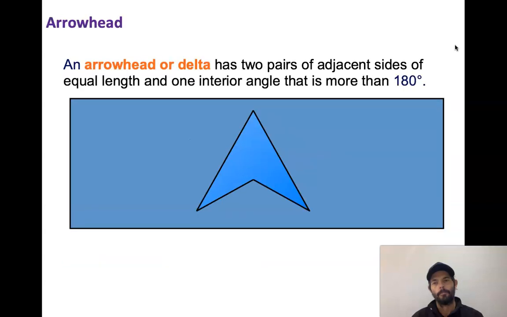And then an arrowhead, also called a delta, is also a quadrilateral. It's got four corners. It has two pairs of adjacent sides of equal length and one interior angle more than 180 degrees. So there are the equal length adjacent sides, and you can see the interior angle, which is greater than 180 degrees, which is actually a reflex angle.